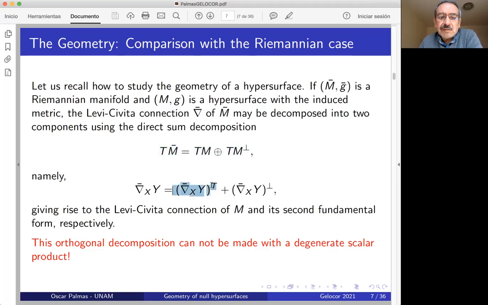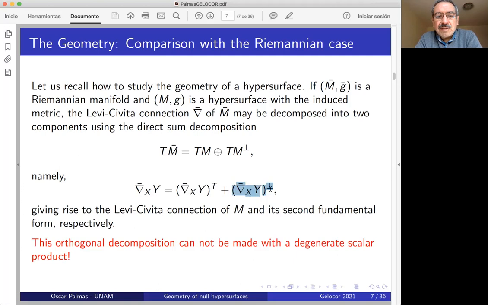Of course, the tangent part of this connection gives us the Levi-Civita connection of M, and the normal part gives rise to the second fundamental form.